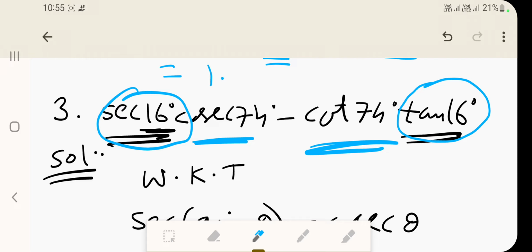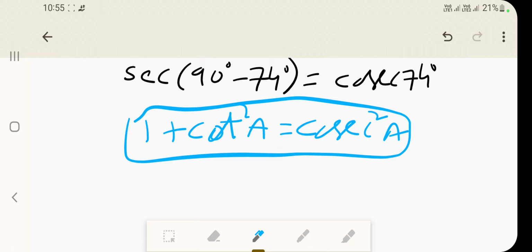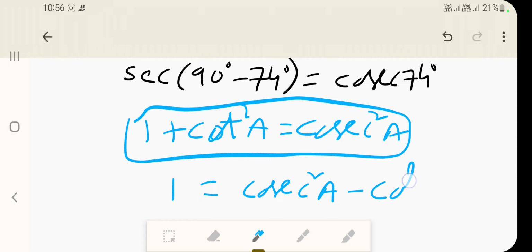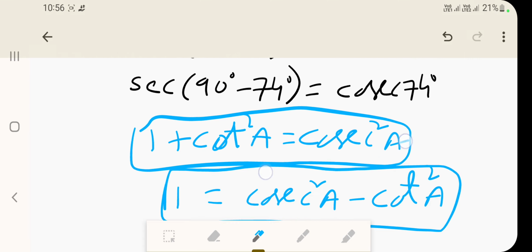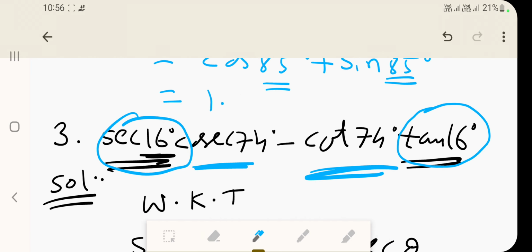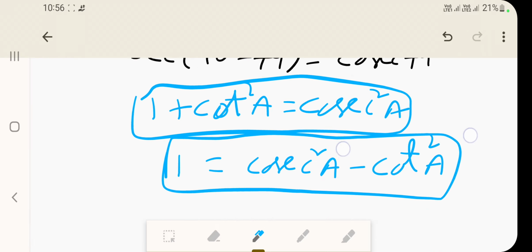Why are we changing? So that we reach this identity where 1 is equal to, if you take this cot square a on the right hand side, cosecant square a minus cot square a. If you are able to bring the given value, secant 16 cosecant 74, into cosecant square form, and cot 74 tan 16 into cot square, right?